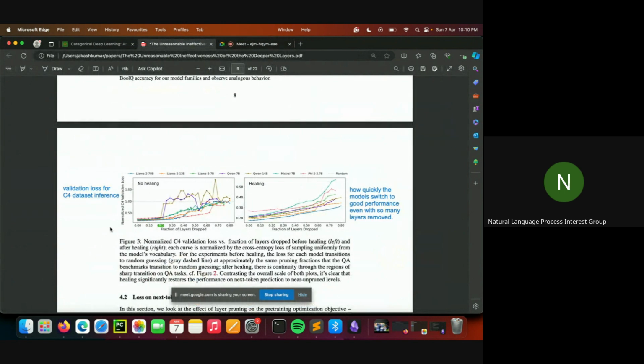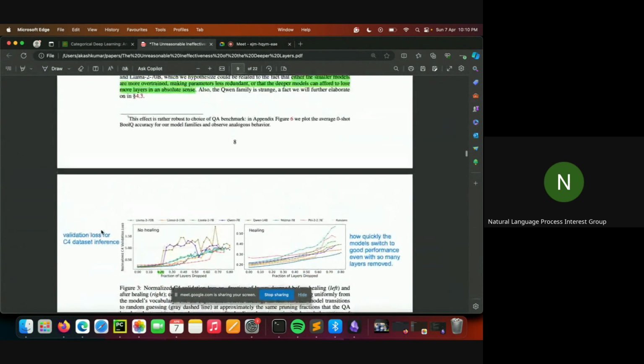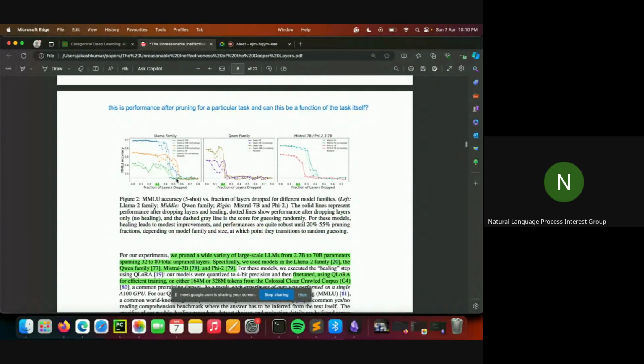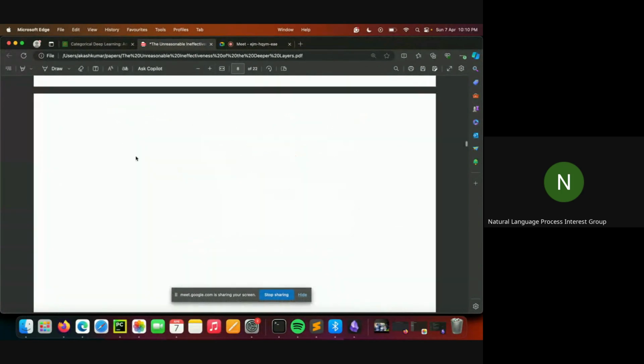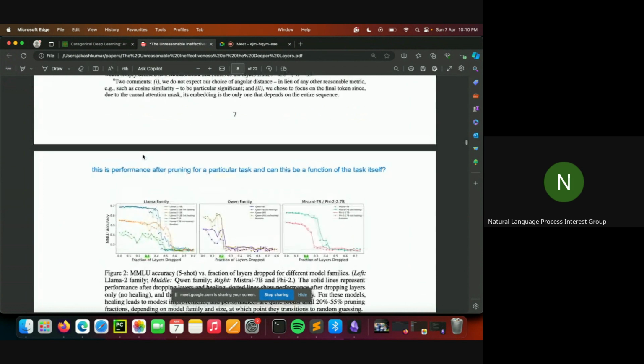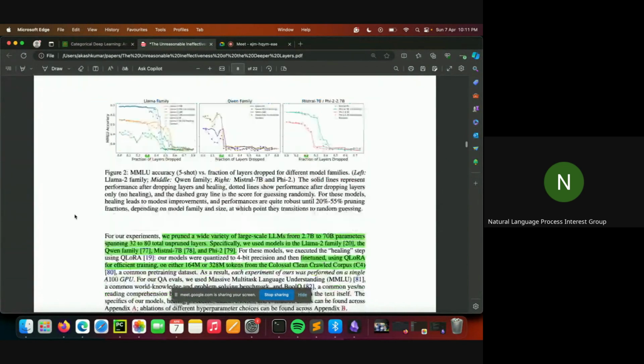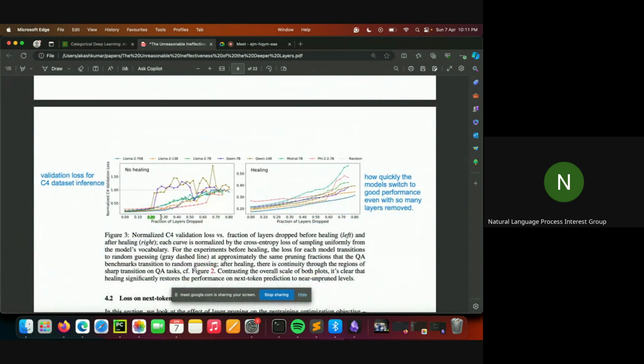This was for a QA benchmark, and similar patterns happen when we check the validation loss for C4. For the Llama family, the drop starts after 30% of layer removal, and we see the same pattern for the C4 loss.